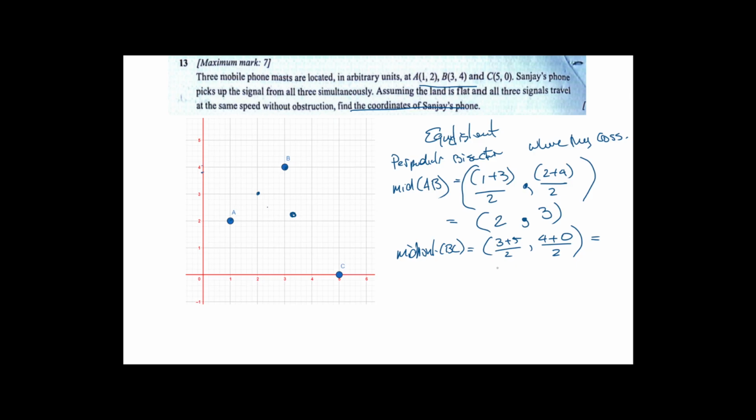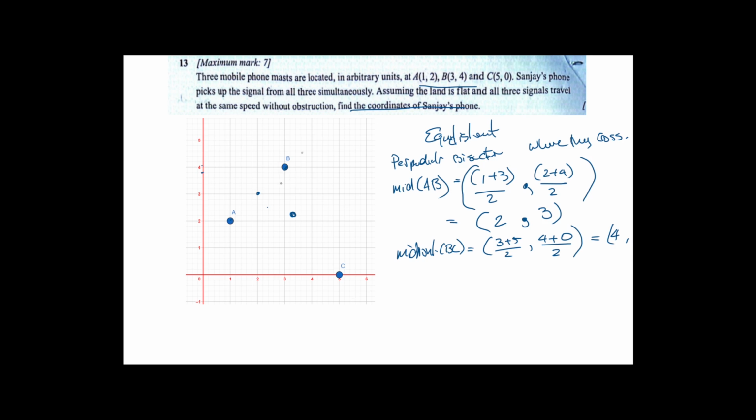So this point, which is the midpoint between B and C, is going to be 8 over 2, which is 4, and 4 over 2, which is 2.